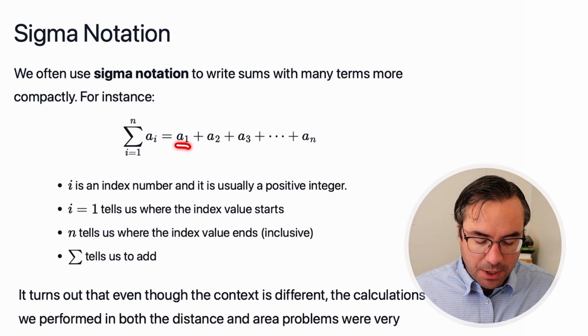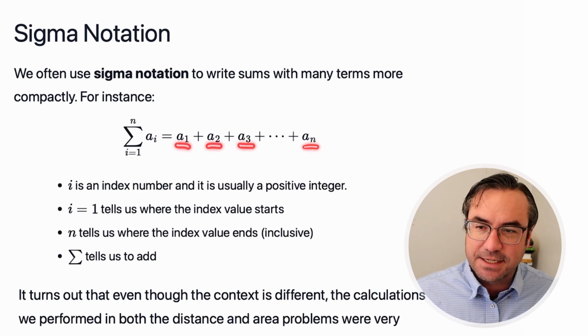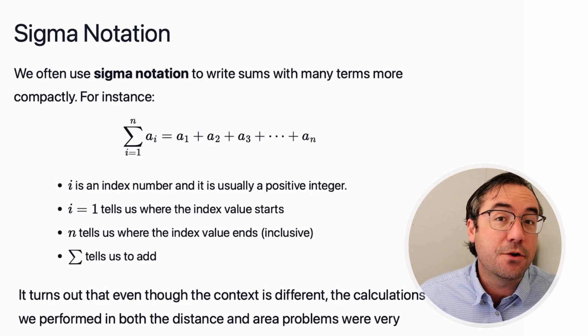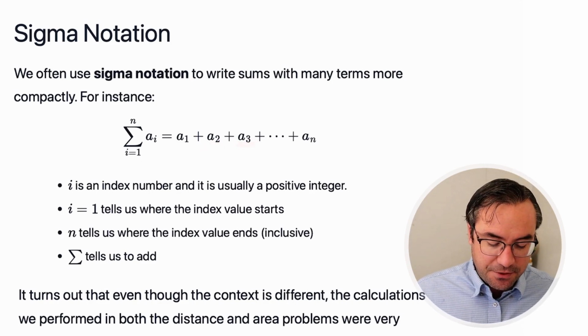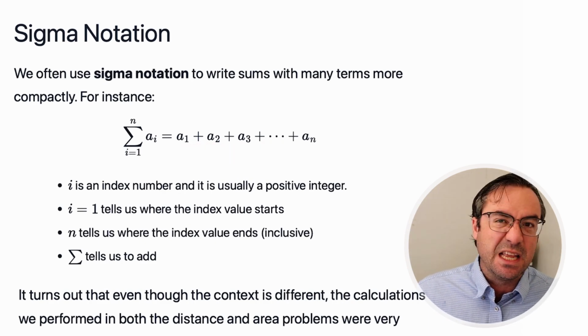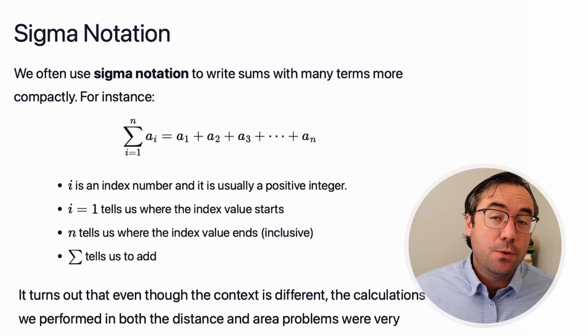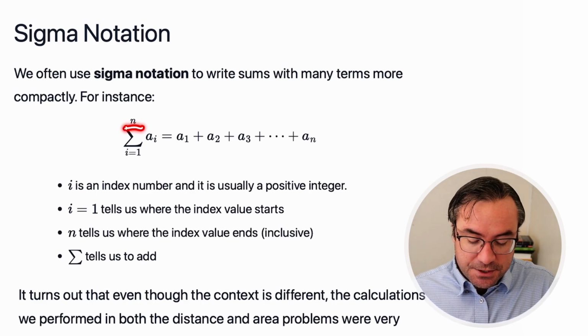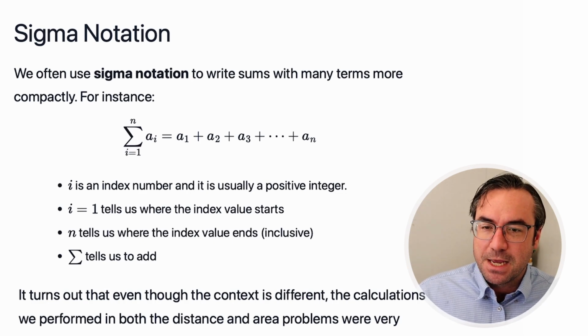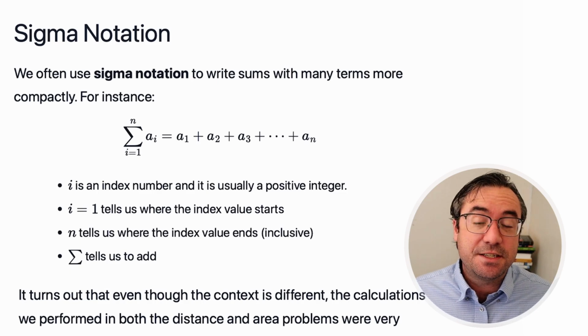If we had a bunch of different things that we were adding together, maybe some number A1 plus some other number A2 plus A3, and we keep going. We have a whole bunch of things that we're trying to add together in this big list. What we can do instead is introduce big sigma notation. And this is just a fancy addition sign.